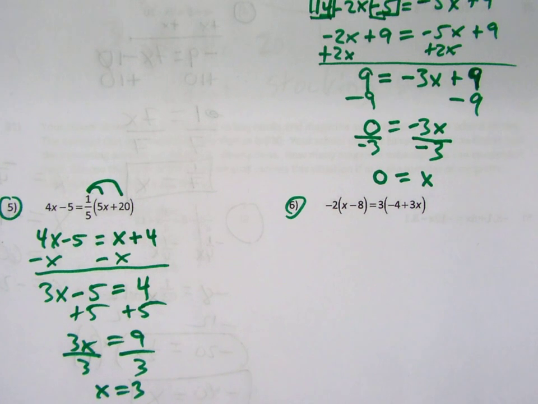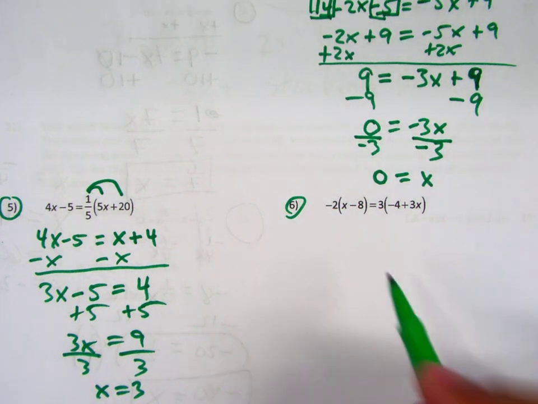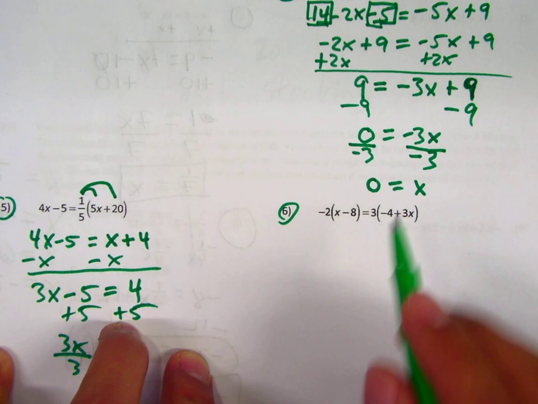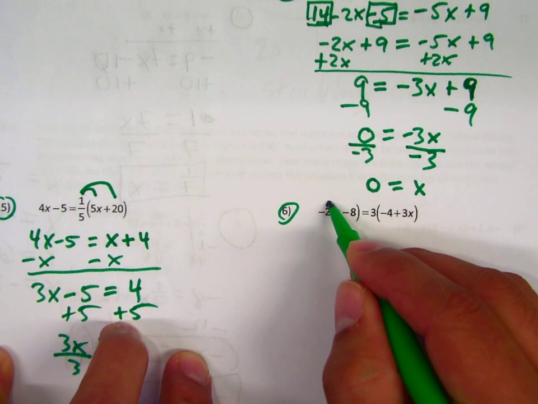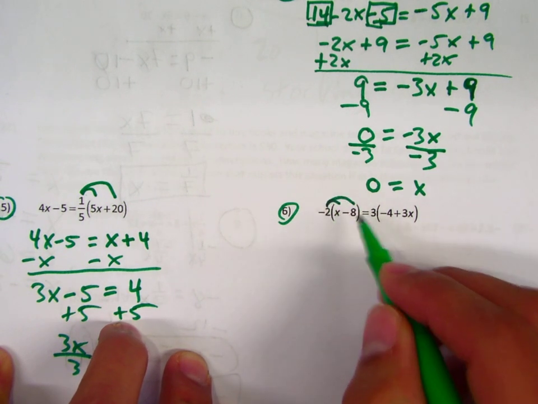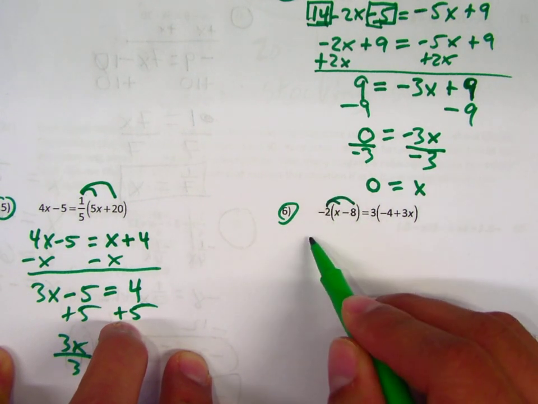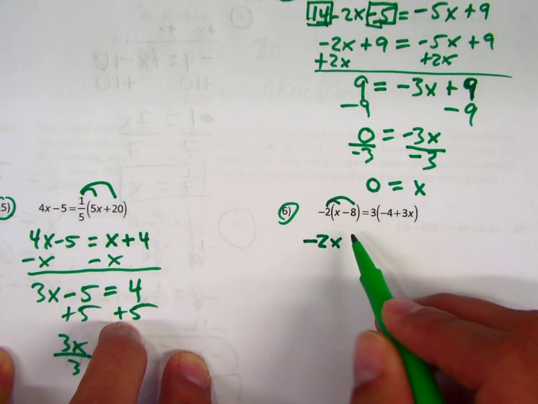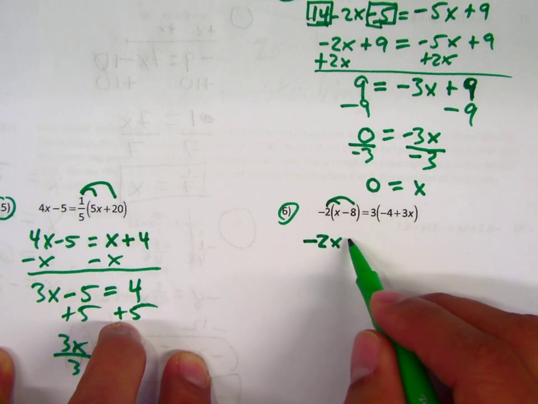Okay, it sounds like you actually did it right. So, what did you do first? So you multiply -2 here. And what did you get? -2x. And that is?